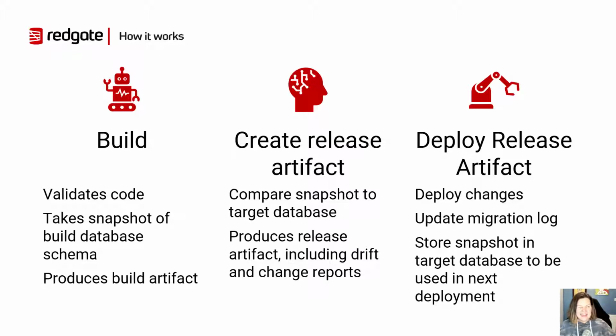When we're doing our second, our third, any deployment after that, at the point where we create the release artifact, we can compare the snapshot we've got from the build we want to deploy with the snapshot in the target database that represents the target state. And that comparison will tell us what changes we can deploy.